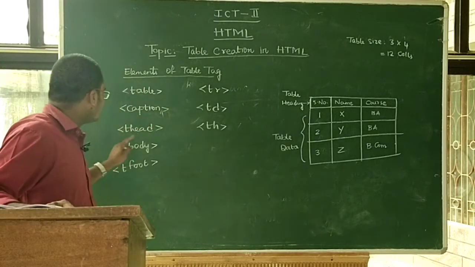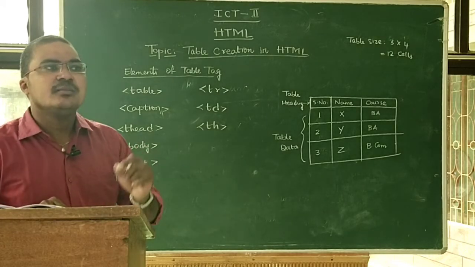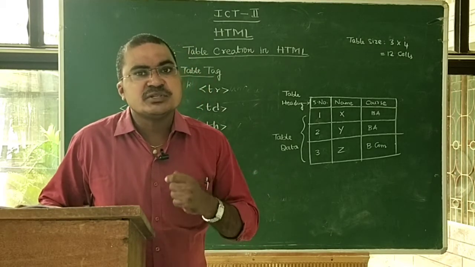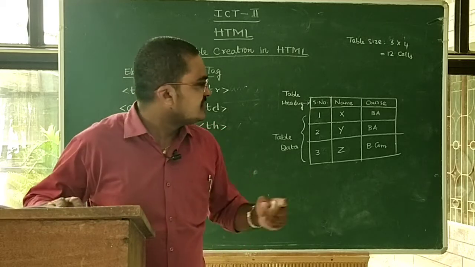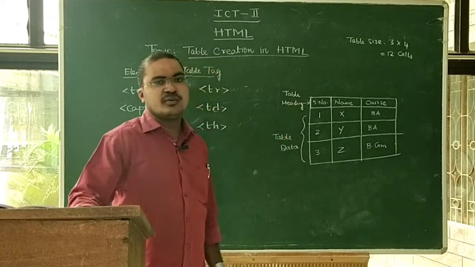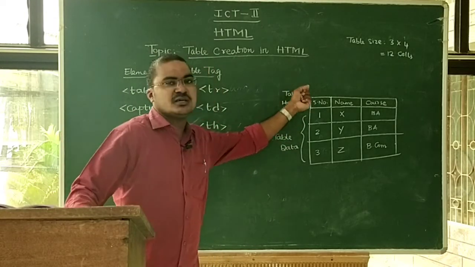Okay, now the next one is called table head. Table head means this table contains which particular semester or which particular year's student information. For example, this table contains the student information about the college, but doesn't mention the year or semester.